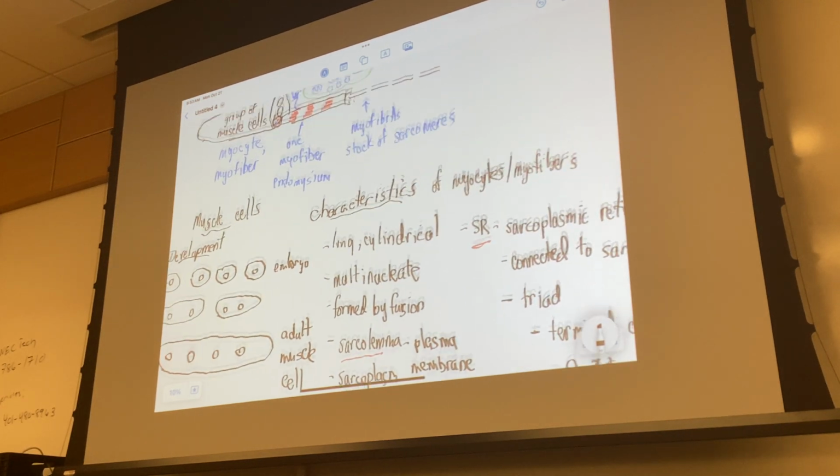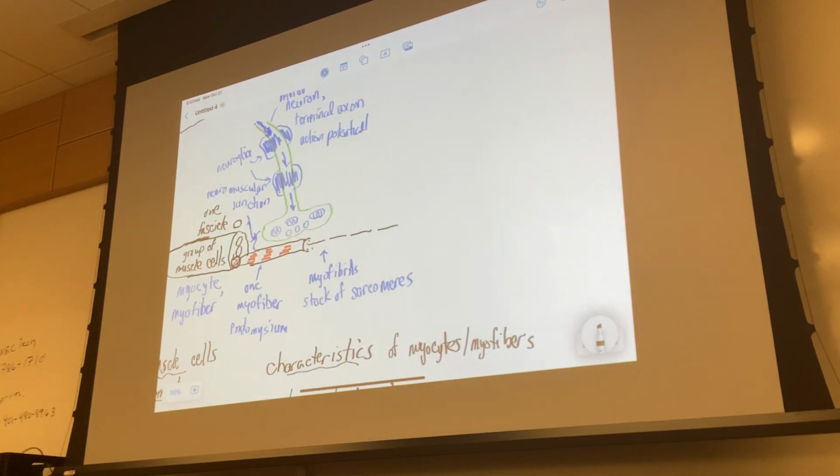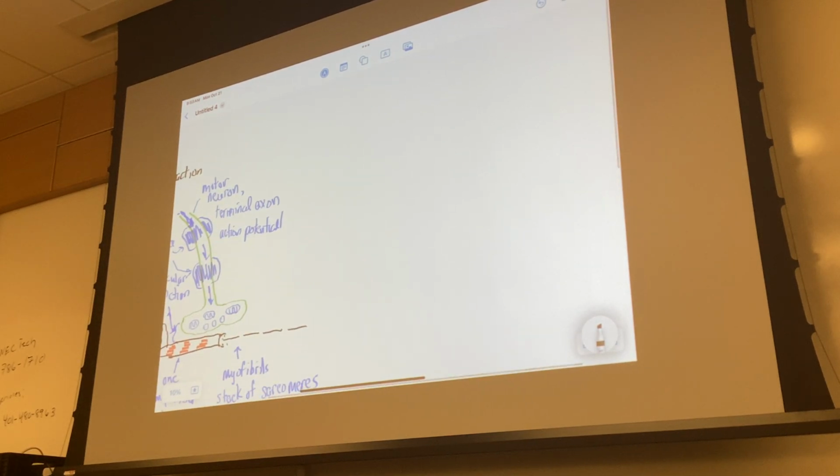So now the question becomes, what are the steps in a neuromuscular junction, or what are the steps of skeletal muscle contraction?